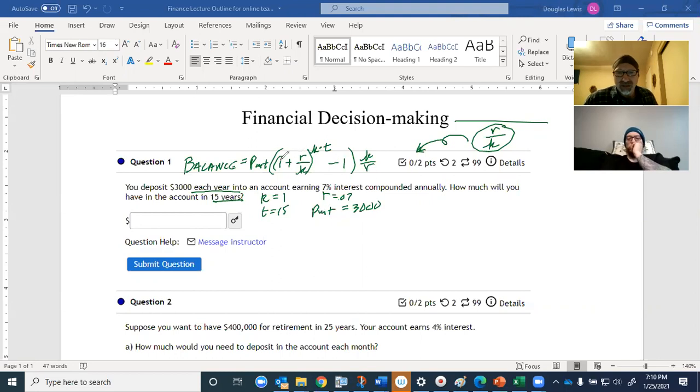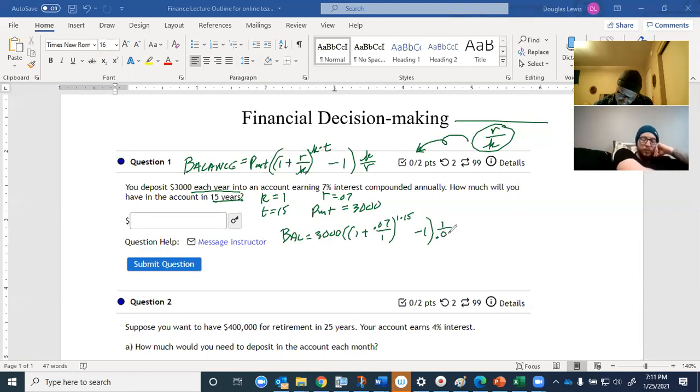But if you did it by hand, you'd be plugging all those numbers in. You'd be plugging in the balance. You'd have to do that by looking at 3,000 times parenthesis 1 plus 0.07 over 1 to the 1 times 15 power minus 1 times 1 over 0.07.